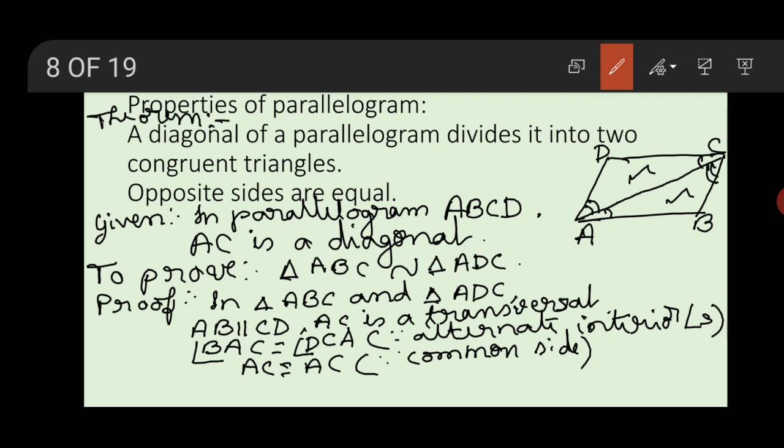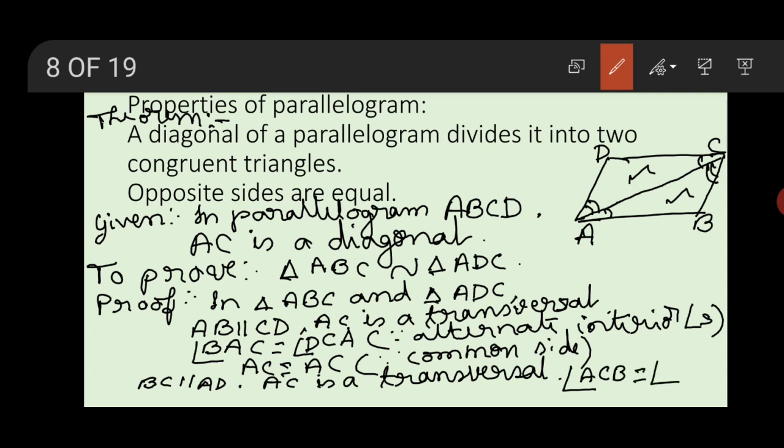Again, write down: BC is parallel to AD and AC is a transversal. Then which two angles are equal? The double-marked angle, angle BCA, is equal to which angle?